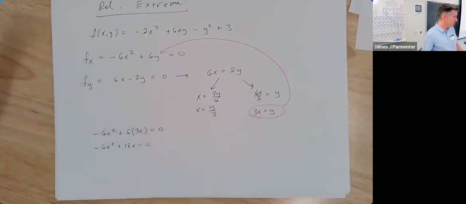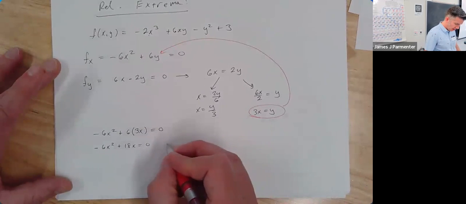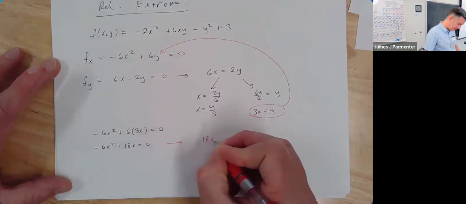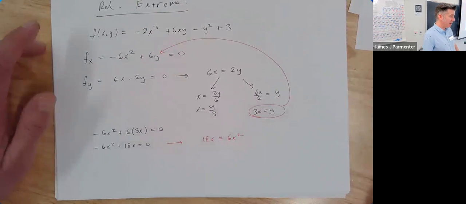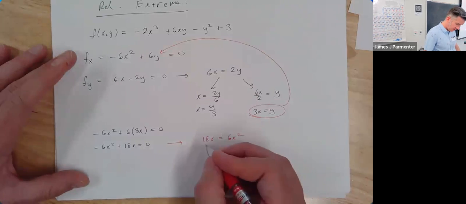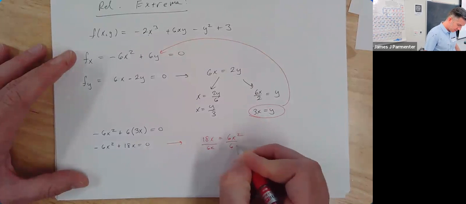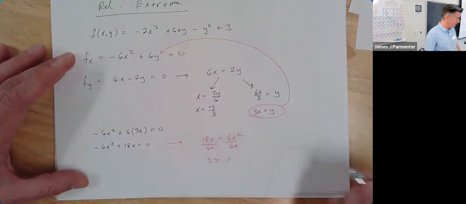Let me show you the wrong way to do this. Just don't write this down. If I solve this the wrong way, I can say 18x equals 6x squared. And then what can I divide both sides by? Yeah, 6x, 3x, either one. If I divide both sides by 6x, I'm going to get 3 on the left and x on the right.